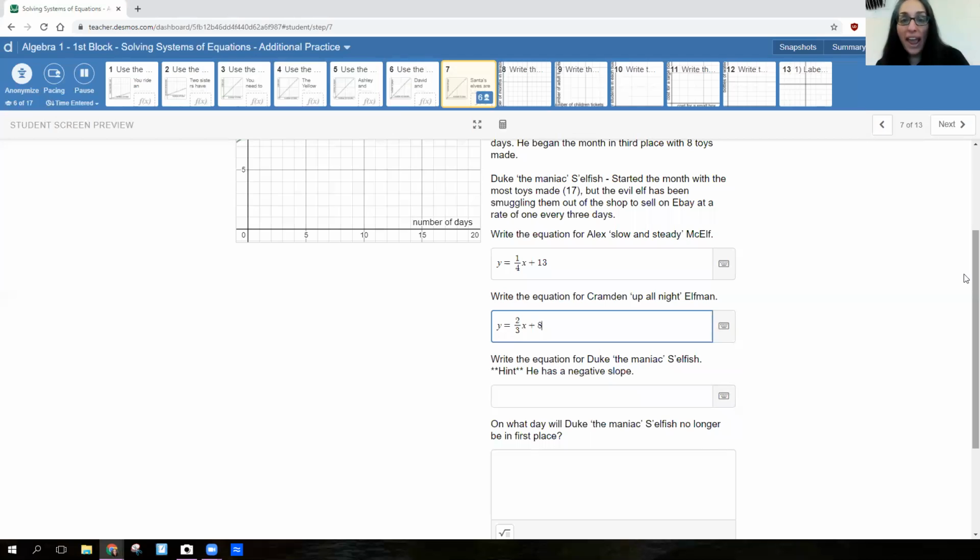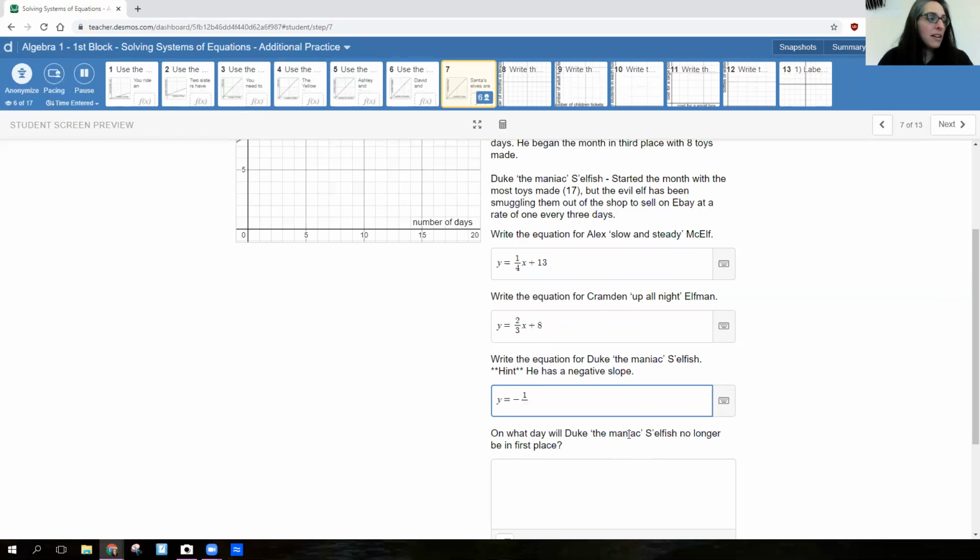He's taking away toys that are in the shop. So if he's taking away, that means he has to have a negative slope. It's 1 toy every 3 days. So that's going to be a negative 1/3 x. But he did start out with 17 toys to begin with, so we're going to do plus 17.